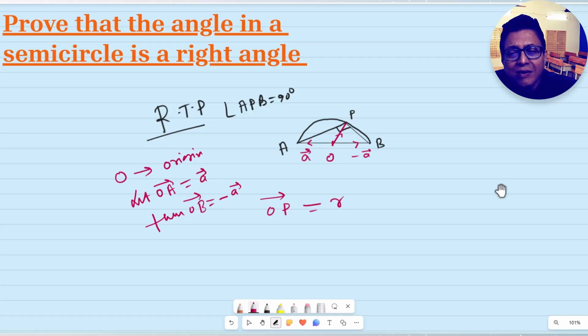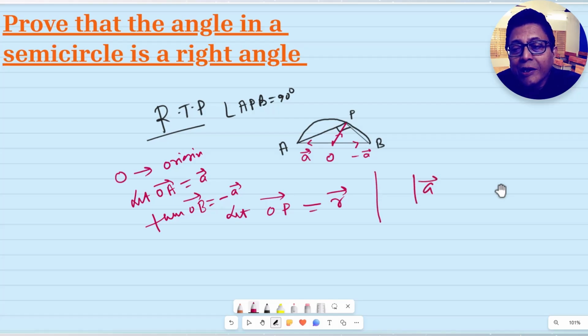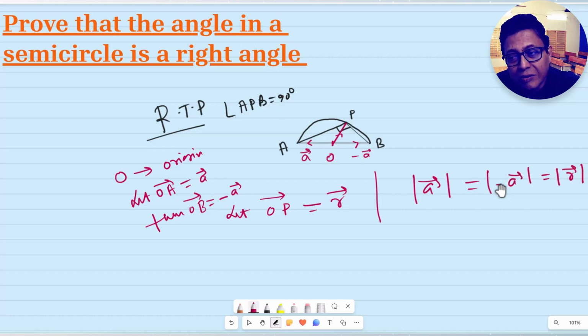Let OP equal to R, since this is not given. Do you find any similarity among these three, A, minus A and R? Their moduli are the radius of the circle. So you can write, obviously, mod A equal to mod minus A, and this is mod R.